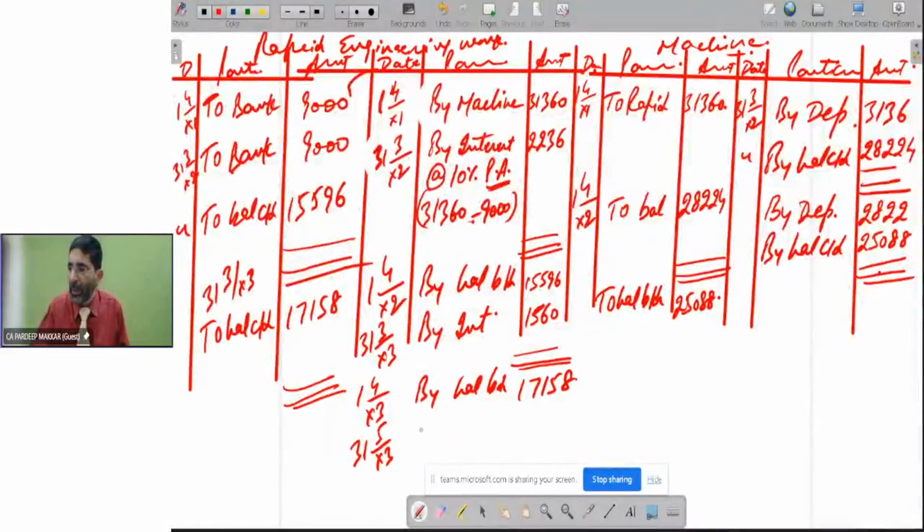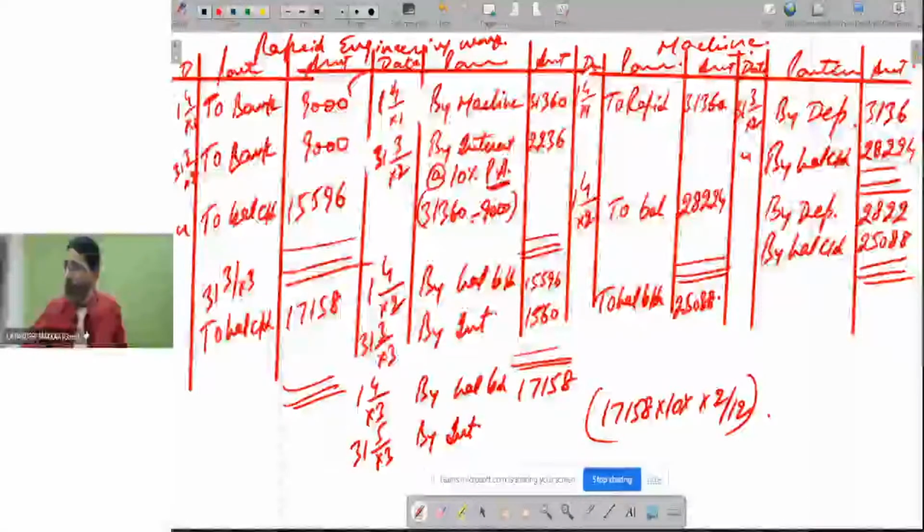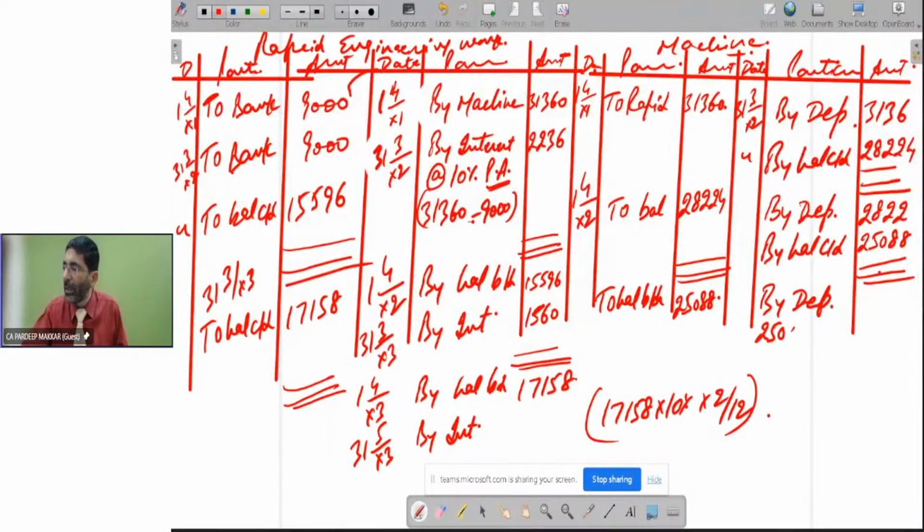That will be calculated on 17,158 into 10% into 2 by 12. Get how much it is. Here depreciation will also be charged for 2 months, 25088 into 10% into 2 by 12.